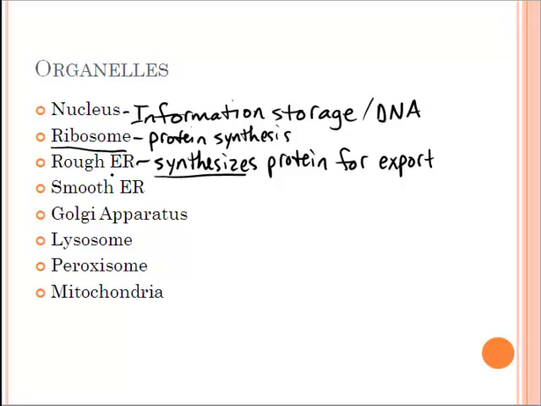So the rough ER is called rough ER because there are these ribosomes, those are the little red dots in the picture from before, all over attached to this endoplasmic reticulum. So the ribosomes on the rough ER synthesize the proteins, but these proteins end up inside the rough ER, and they're manipulated and prepared to either be exported or end up in the plasma membrane.